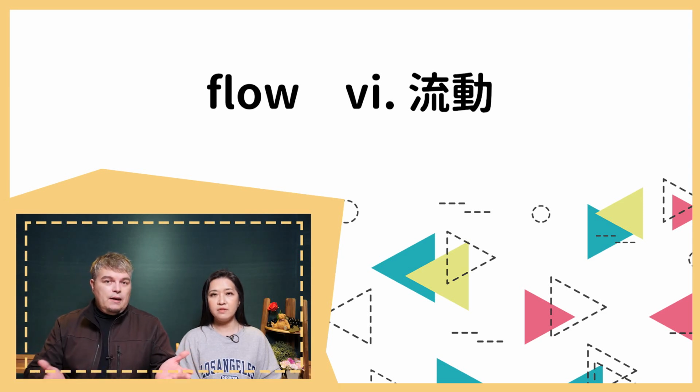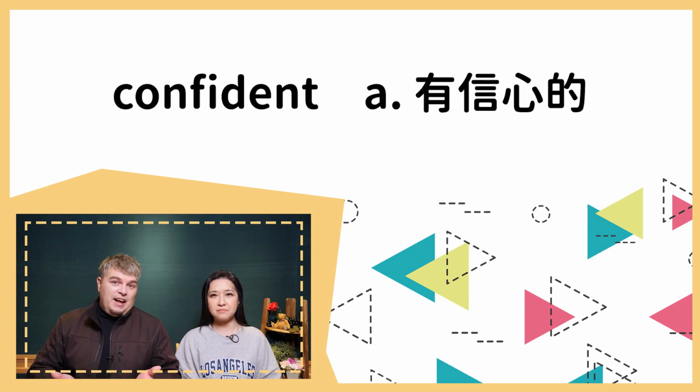We use it that way as a verb. The river flows. The river's flow would be the noun. And of course, we learned the word confident. It's always good to believe in yourself. Be confident. And I think those are all of our words and phrases for today.